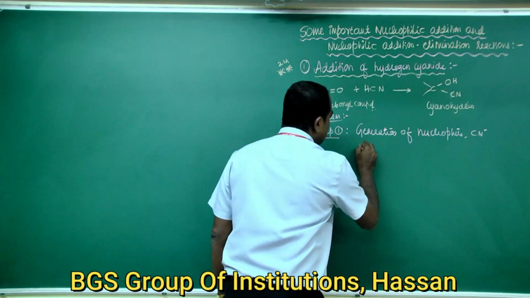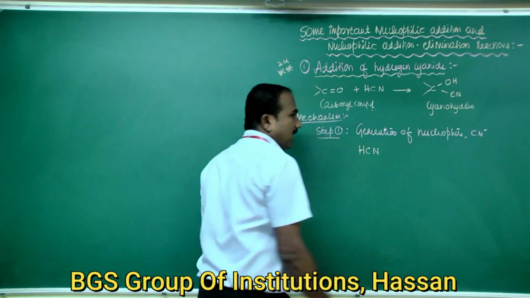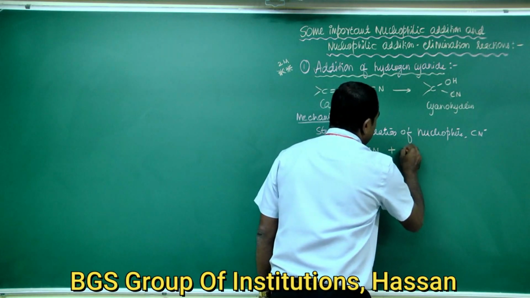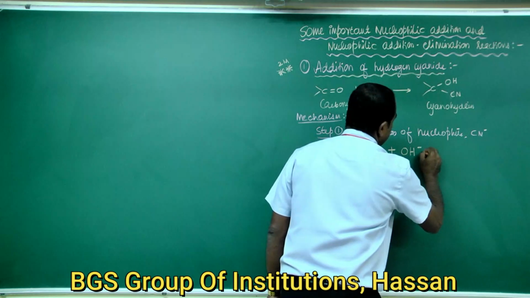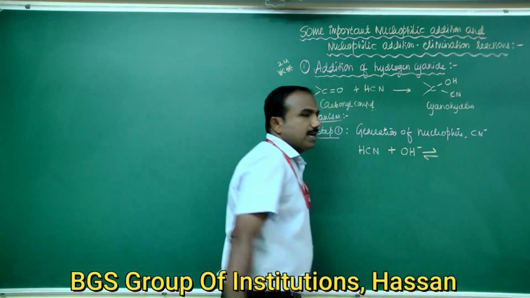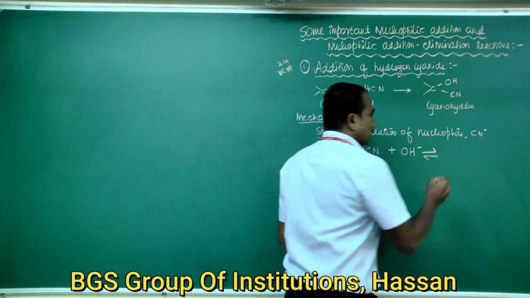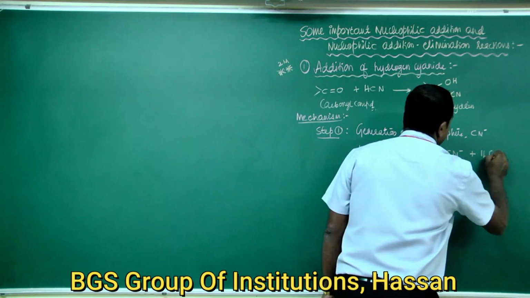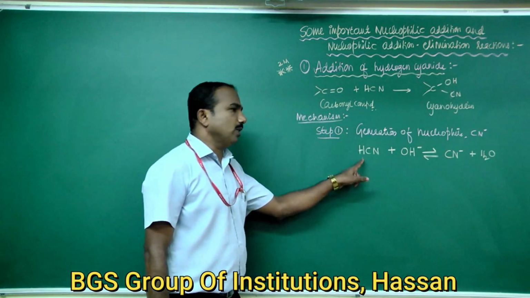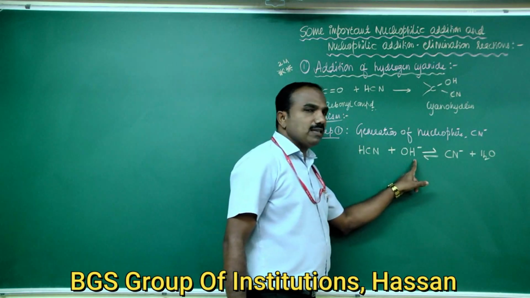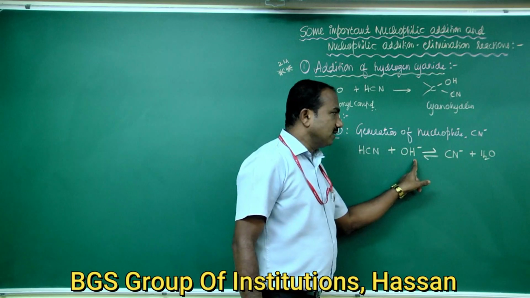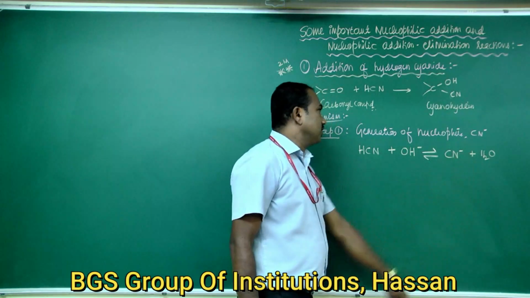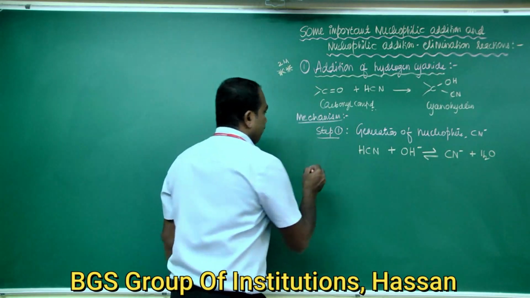Pure hydrogen cyanide, HCN, combines with a base, that is OH minus, to give the nucleophile CN minus plus H2O. This is the first step.